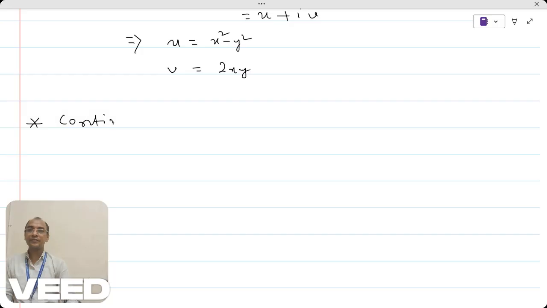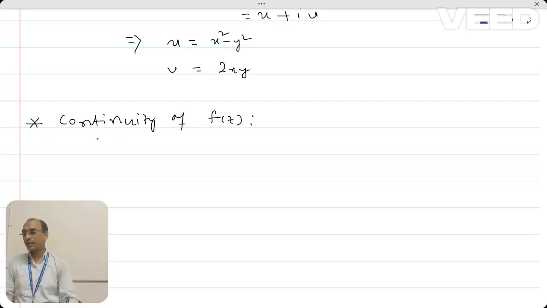Continuity of f of z. Under which condition a function f of z is continuous? So just recall the continuity definition for the real valued function y equal to f of x. In the similar way, in place of real variable x, we are having here complex variable z.